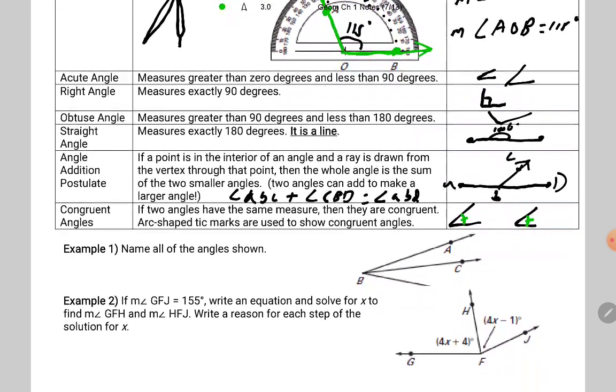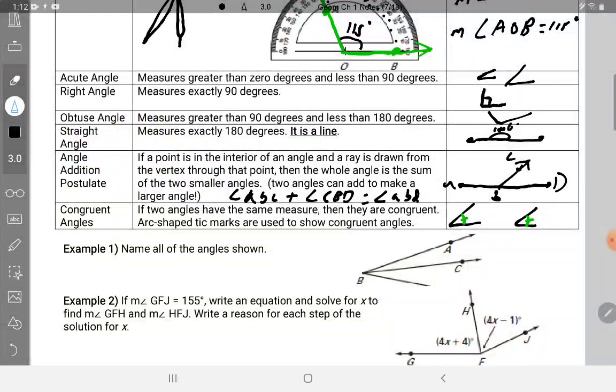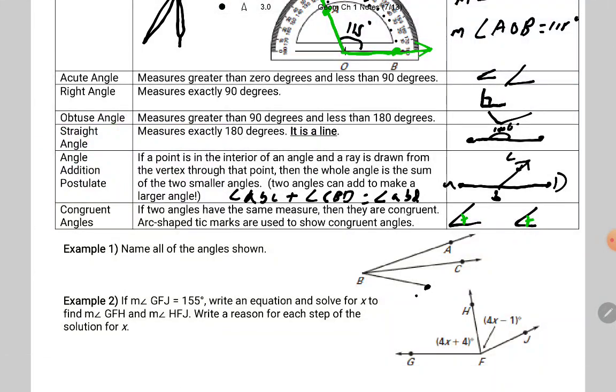Alright, example 1. Name all of the angles shown. There's a piece cutting off, but I can tell you what it is. It's D. So we have angle ABC, angle CBA.